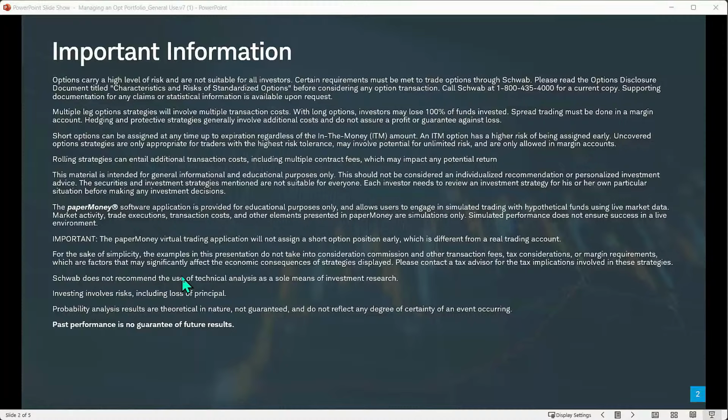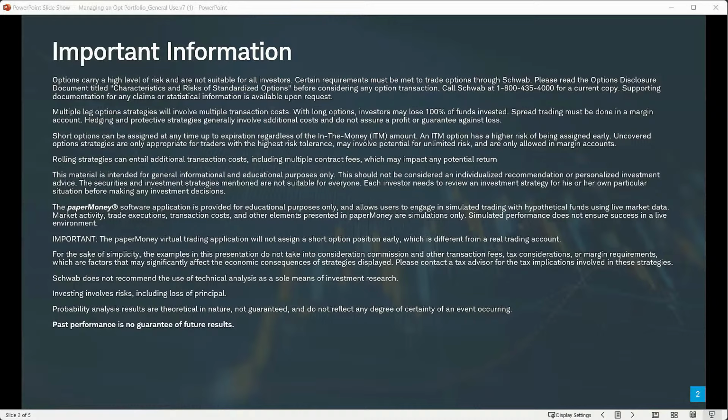Now, we're going to be talking about options today. So just remember, options do carry a high level of risk and are not suitable for all investors. And multiple leg option strategies will involve multiple transaction costs. Now, I may not talk about commissions and fees on all these trades. We'll do example trades, but just realize commissions and fees are a part of options trading you need to be aware of.